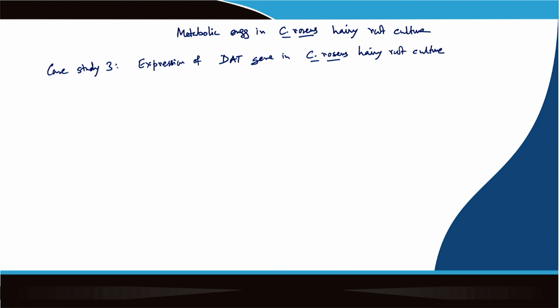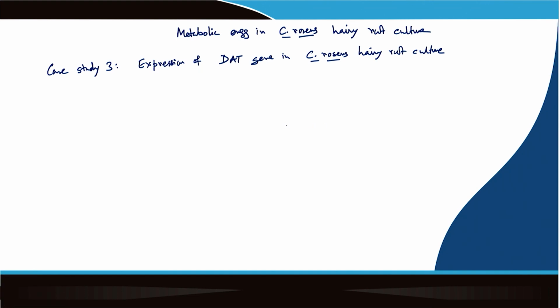So, DAT, you know that this is more or less the terminal step leading to the formation of vindoline. So, if I put the pathway, I think that is required to explain.